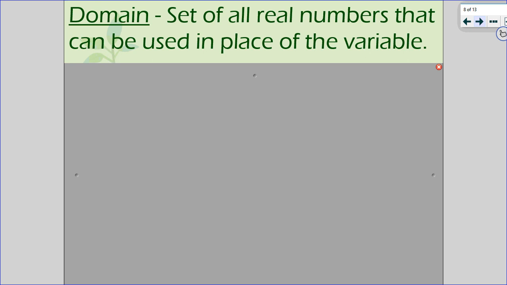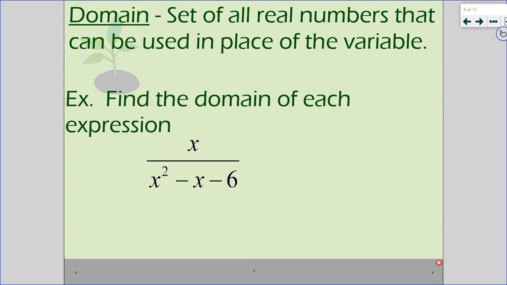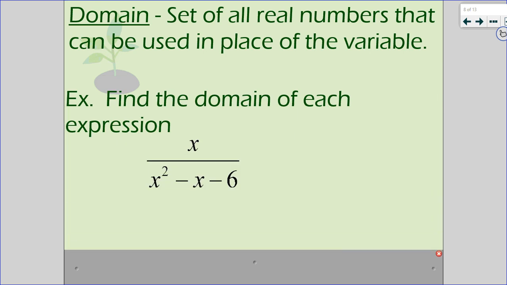So if you're asked to find the domain, you're finding all of the numbers that you can plug in. This is one of the most difficult types of these problems. We need to find what numbers need to be excluded from the domain, so what numbers you can't plug in.